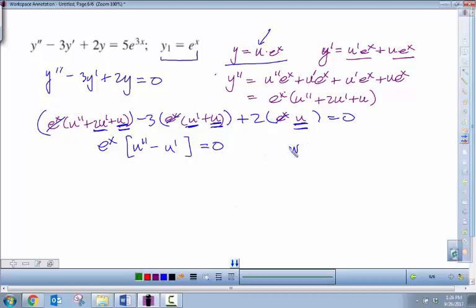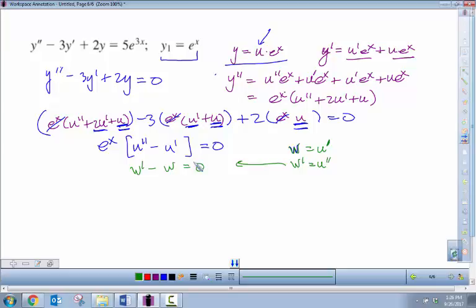So we'll let W equal U prime, then W prime equals U double prime. And if we do that substitution here, we can get rid of e to the x, right? Because it's just 0. So we have W prime minus W equals 0.